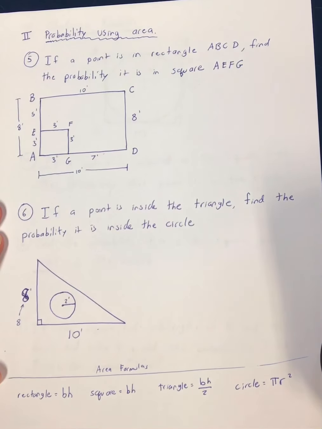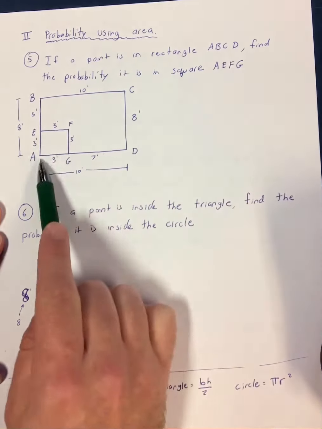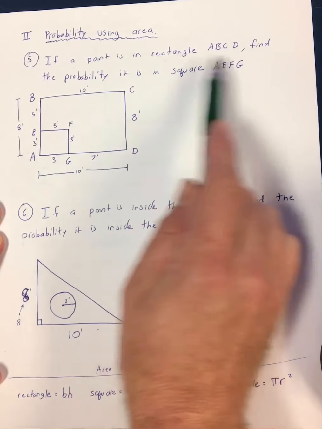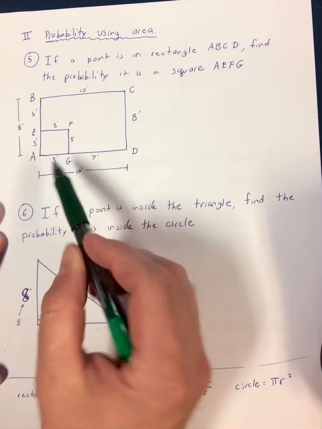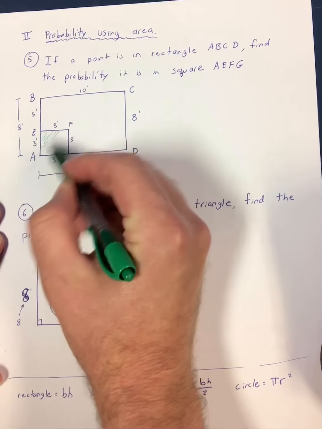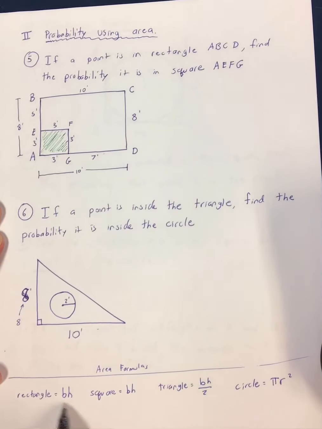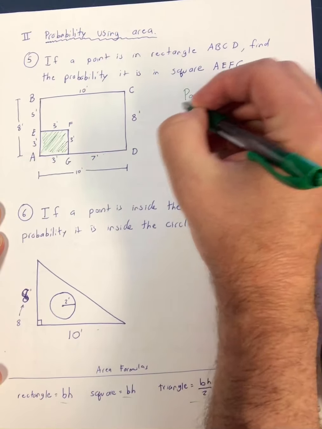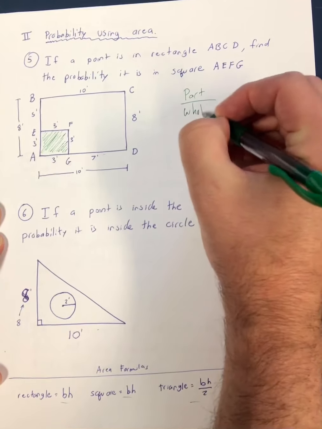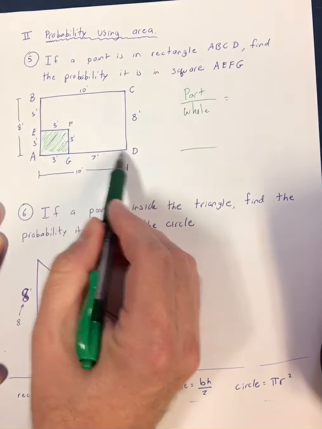Probability using area. So if a point is on rectangle ABCD, so if it's on this whole rectangle, find the probability it is on square AEFG. So that would be this square here. You'll notice I put some formulas down here at the bottom for the 4 different shapes that are on this page. So it's going to be part over whole again here. The whole, in this case, is going to be the whole rectangle.